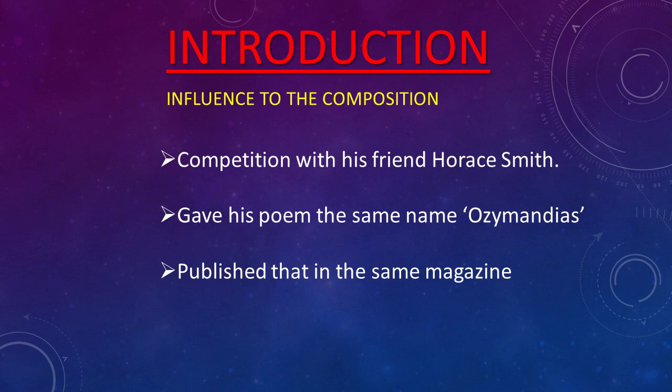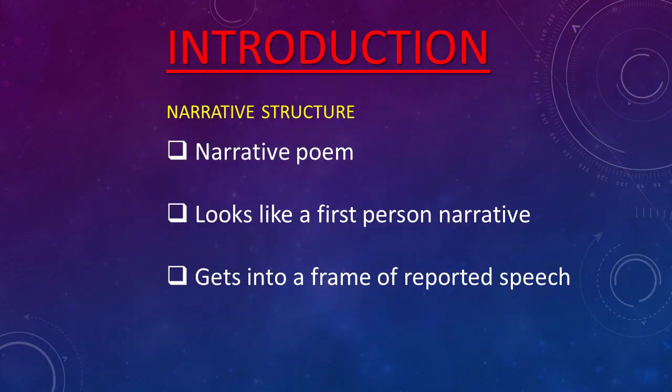It is worth mentioning here that Shelley wrote this poem in competition with his friend Horace Smith, who primarily gave his poem the same name Ozymandias and published that in the same magazine. The poem is a narrative poem where the speaker starts with I, making it look like a first-person narrative, but then it gets into a frame of reported speech from another man, a traveler from an antique land whom the speaker met.